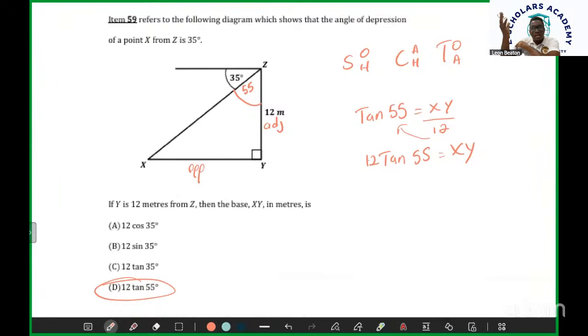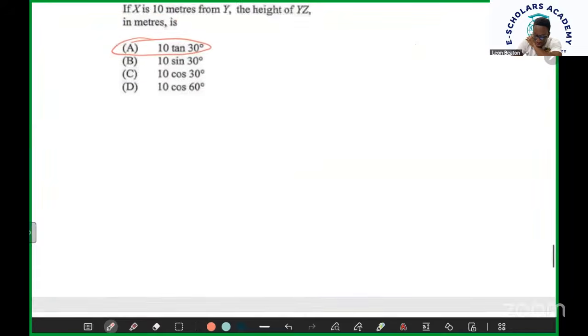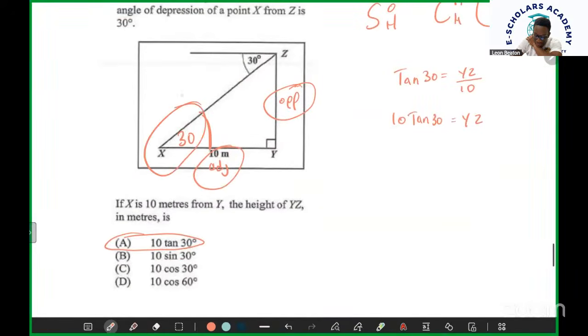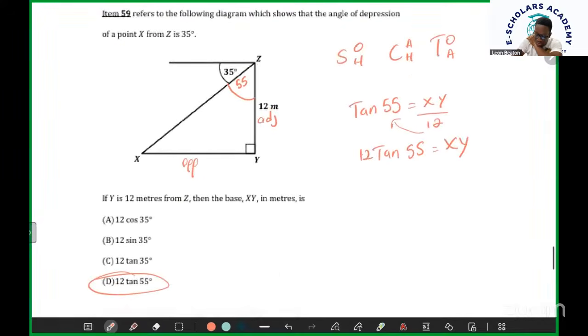The hypotenuse will always be the hypotenuse, but it depends on which angle you're talking about. Because we're talking about this angle, the side opposite that will be the opposite. In this question we use this angle, but in this one we have to use the other one, using the fact that this is 90 degrees to get the 55. So just be careful.